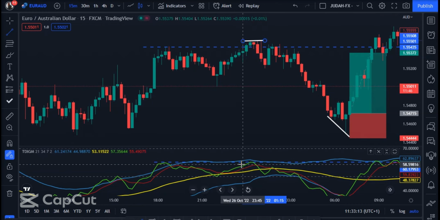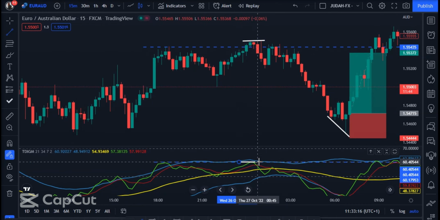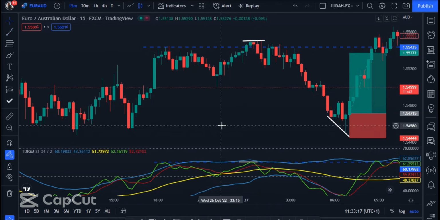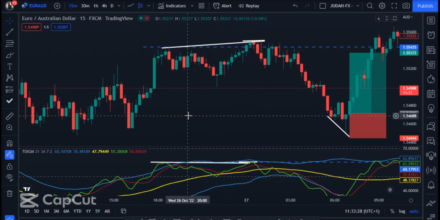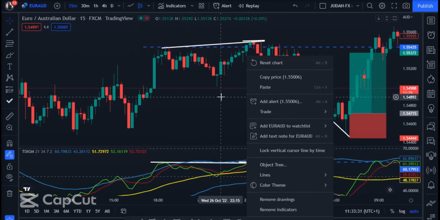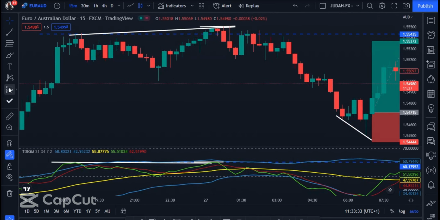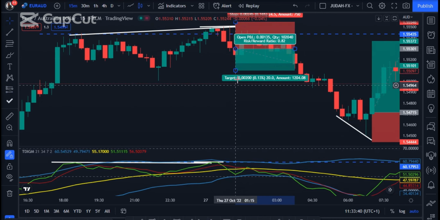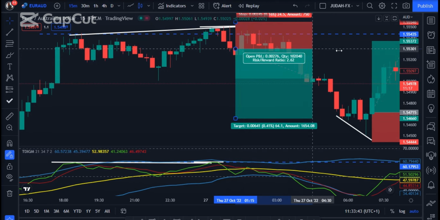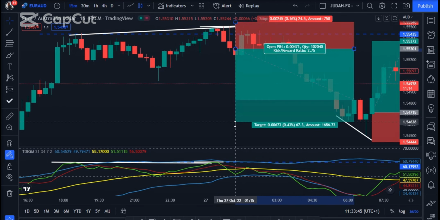But on the indicator, the RSI gave equal highs. So that's your divergence right there. Then you look for your candlestick pattern. You have a hammer here, just like we had before, and then you take the trade on this hammer and take it down 1 to 2, 1 to 3, whatever you want.